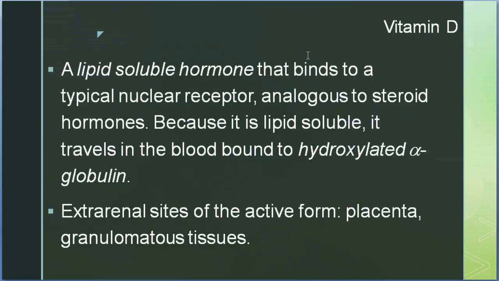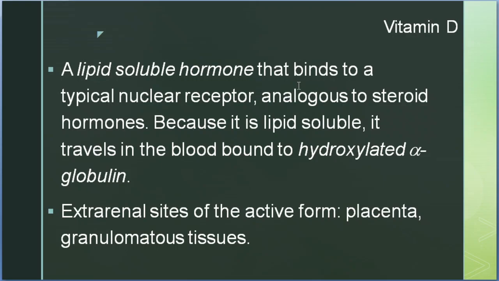So again, your vitamin D is a lipid-soluble hormone that binds to a typical nuclear receptor, analogous to your steroid hormones. Remember, your vitamin D is a sterol, comes from your cholecalciferol. It's a sterol, similar with your sex hormones, similar with your thyroid hormones.